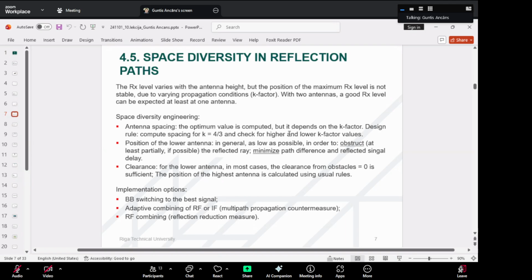But such a solution is expensive, so systems are engineered taking into account this normal signal propagation condition.